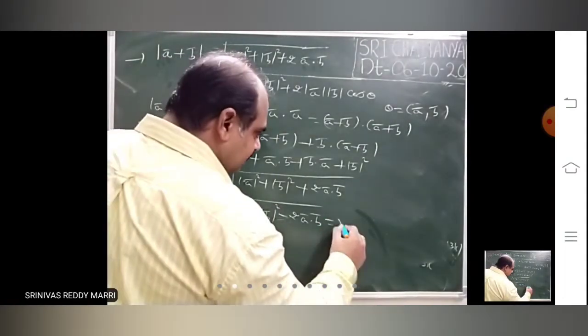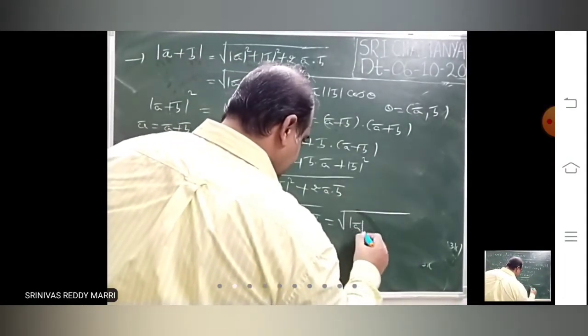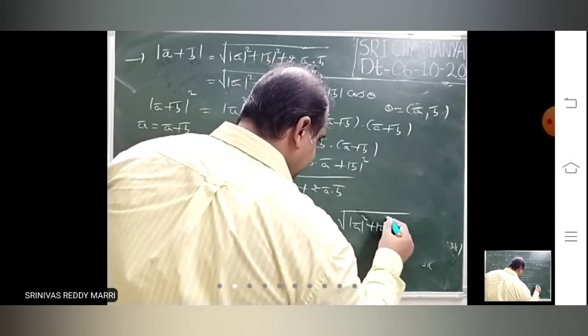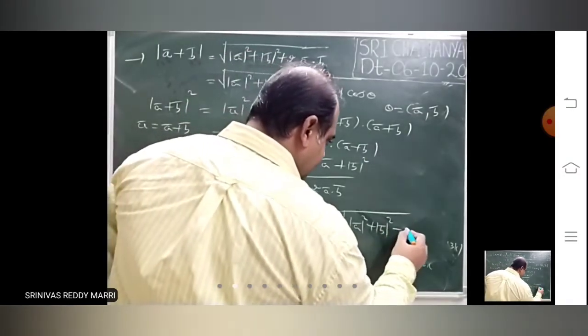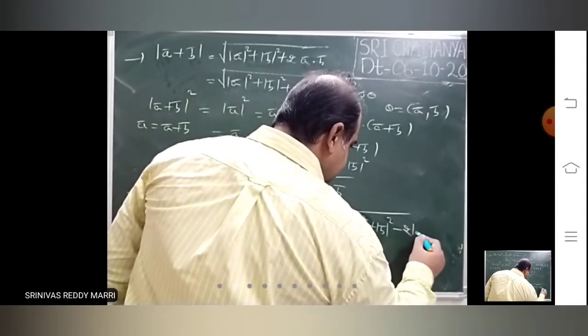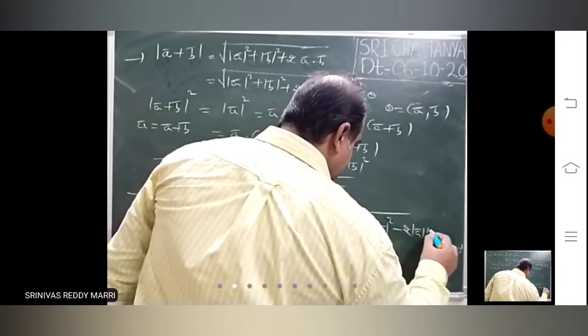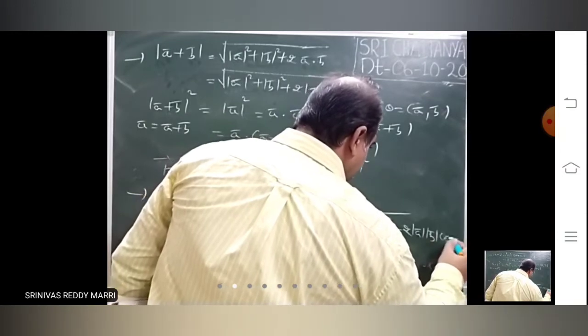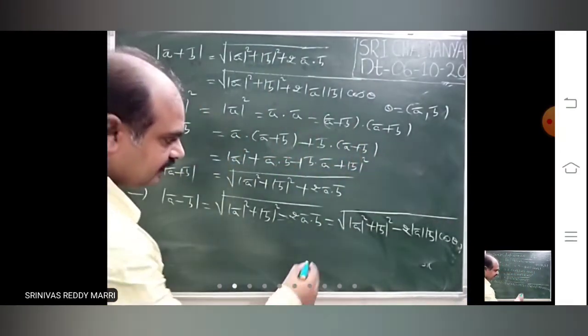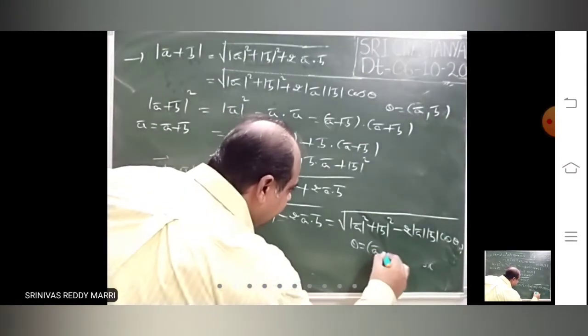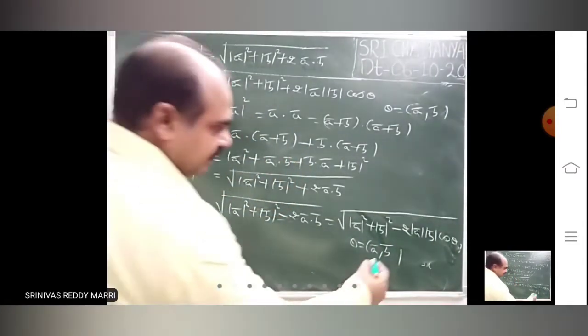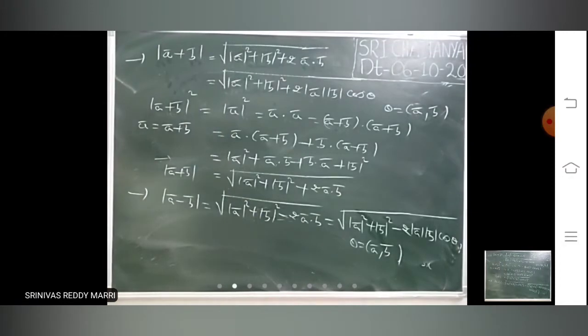This is also equal to modulus a bar square plus modulus b bar square minus 2 into a bar dot b bar, which is cos theta. Here also theta is the same, the angle between a bar, b bar. These both formulas give the magnitude of the sum of two vectors and the magnitude of the difference of two vectors.